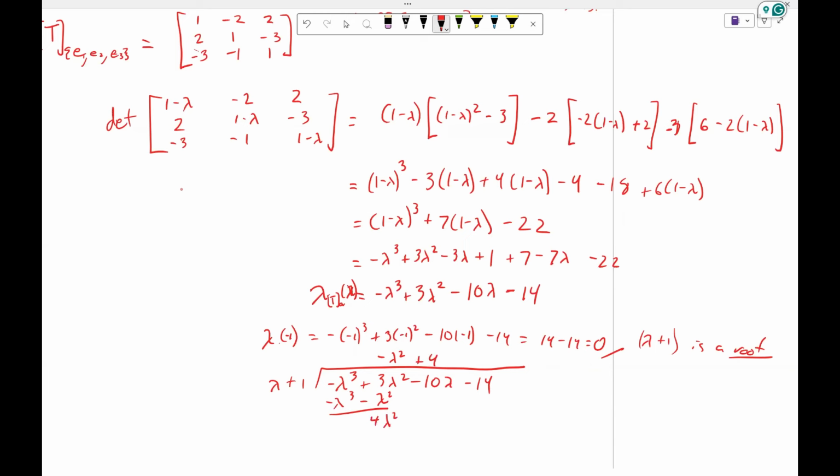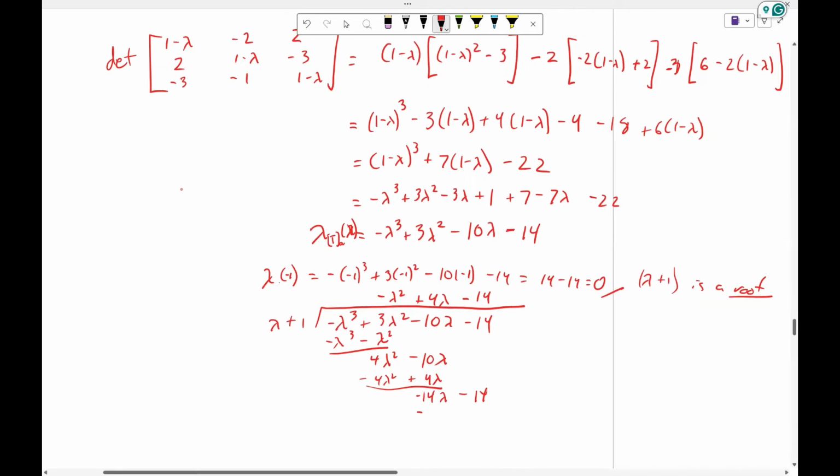So plus 4 lambda, and 4 lambda squared plus 4 lambda gives me minus 14 lambda minus 14, minus 14 times my expression.